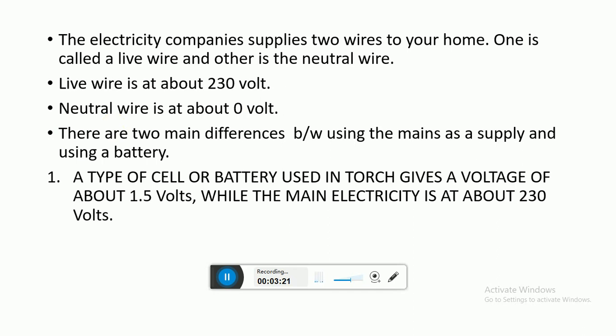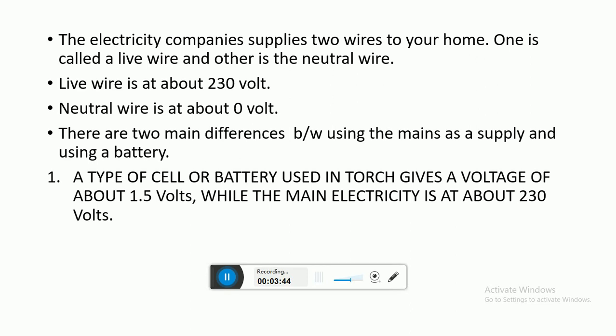Now our aim is to discuss the differences between the main supply, which comes at your home, used for ACs, electric kettle, refrigerators, television, etc., and the battery as well.